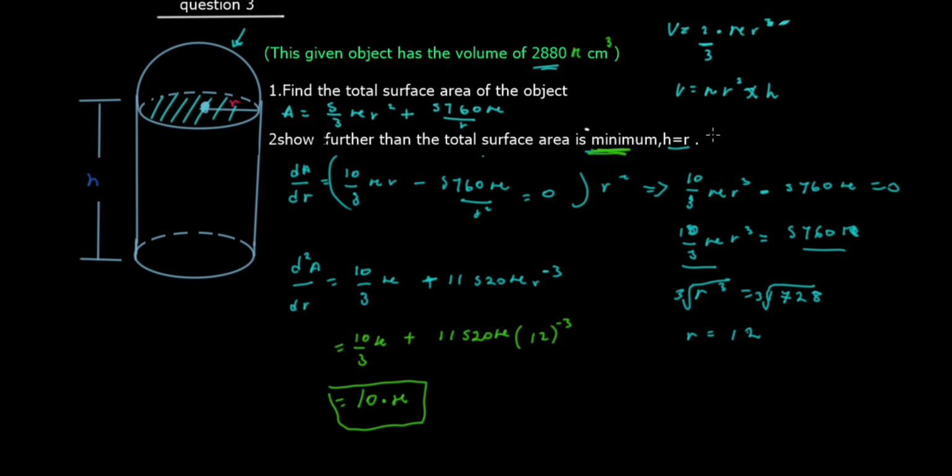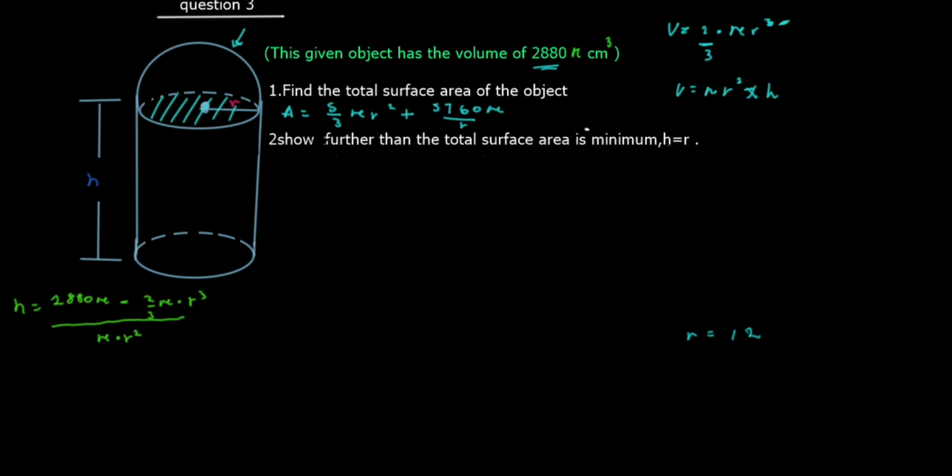But now let's show that it is where the value of h equals r. So how can we do this? As previously, we know that the value of h equals this thing over here. Now we can substitute the value of r, as we are proving that the area is at minimum when h equals r.